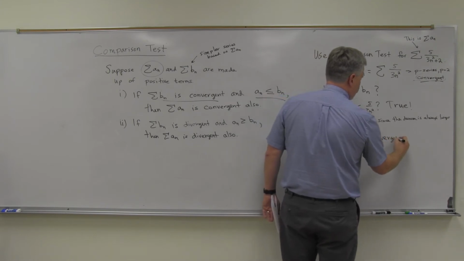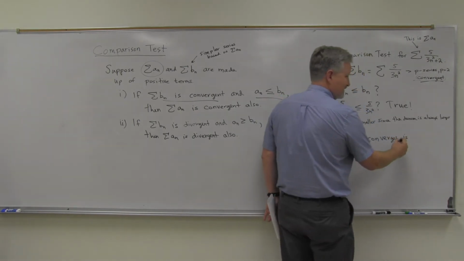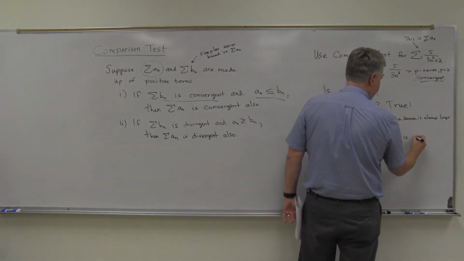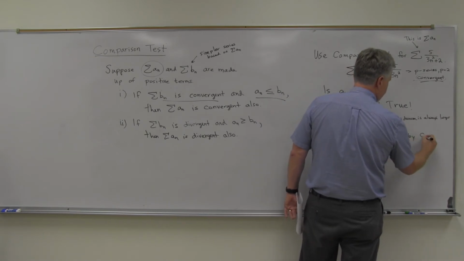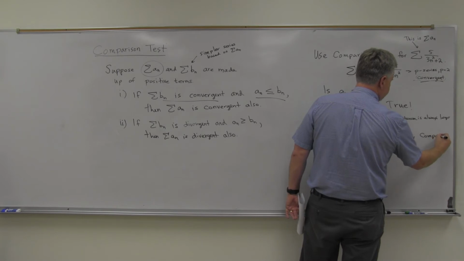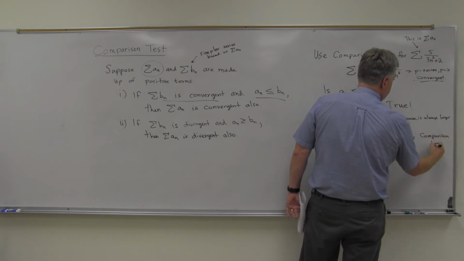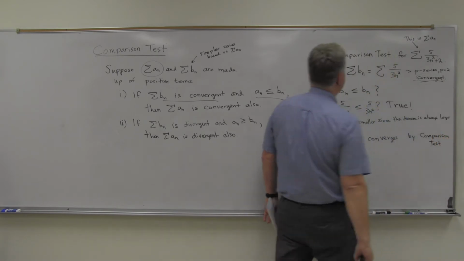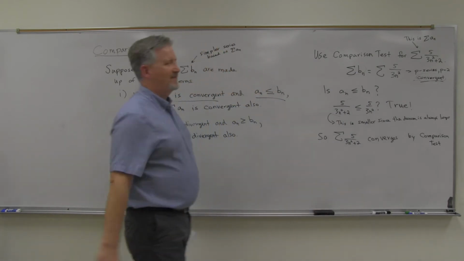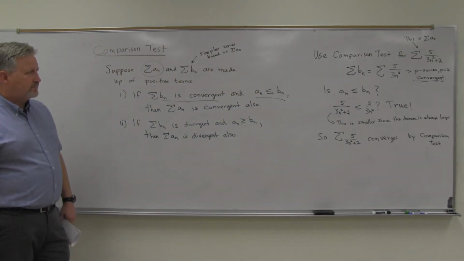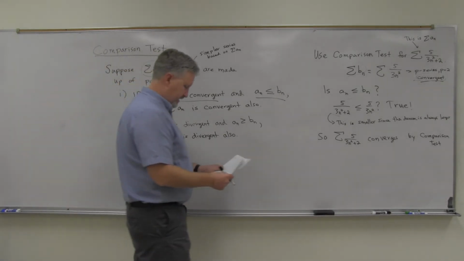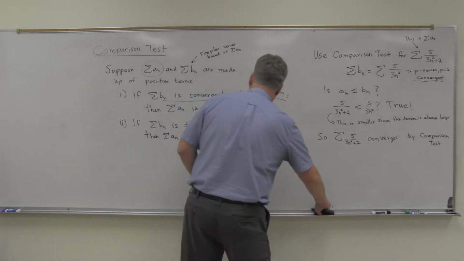And it's probably a good habit to get into to put the test that we are using here. I stated it in the problem, but okay. So that one works out. Any question on that?